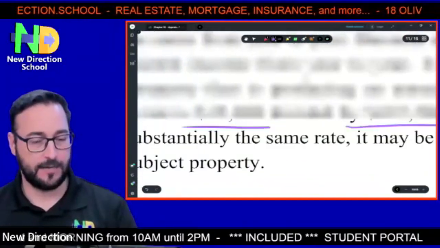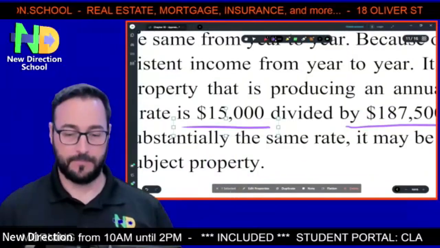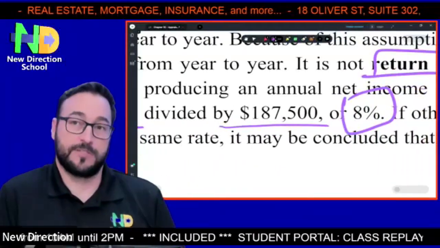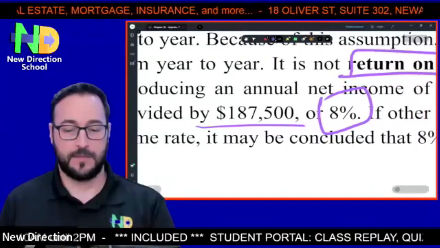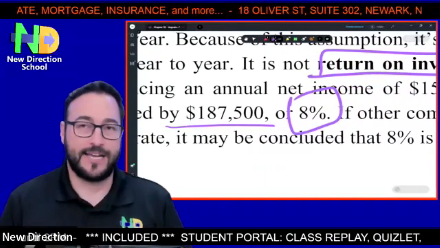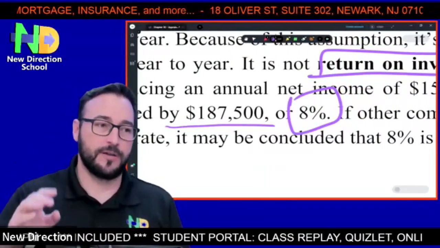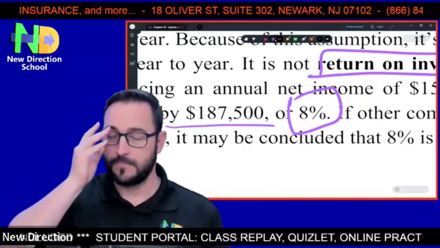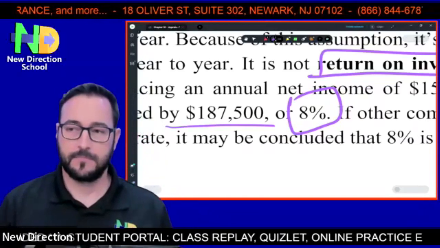So NOI, we saw that number, listing price, right? Because that's what we assume to be the property value at this point. Cap rate is 8%. If that's not what it's worth, that's a different story. But that's how we calculate it. Cap rate equals NOI divided by property price.